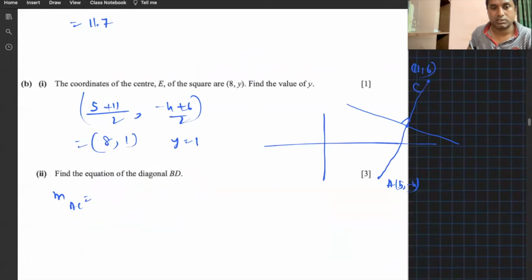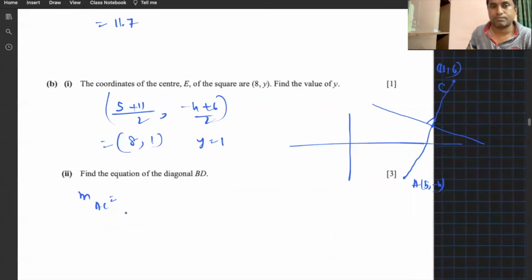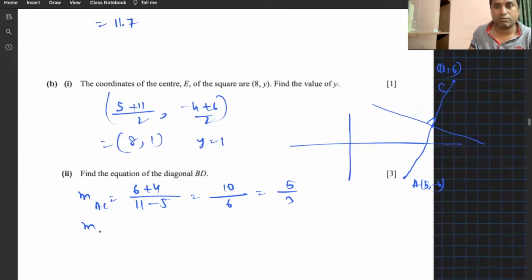Gradient of AC is (6 plus 4) by (11 minus 5). So 10 by 6, that is 5 by 3. So the gradient of BD will be minus 3 by 5.